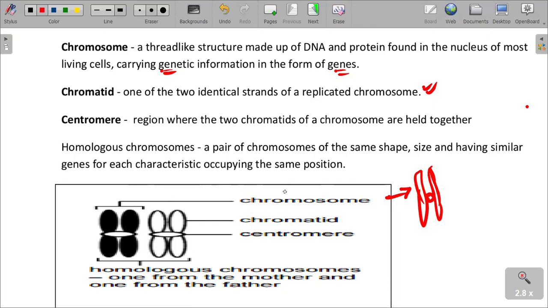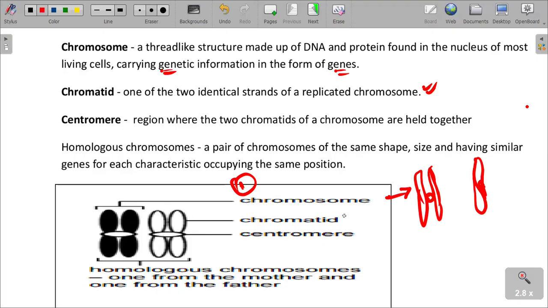In this case, these two black pieces are two chromatids joined together, forming a chromosome. A chromatid is only a single piece. The single piece of a chromosome is what we call a chromatid. One of these two pieces untied is called a chromatid.